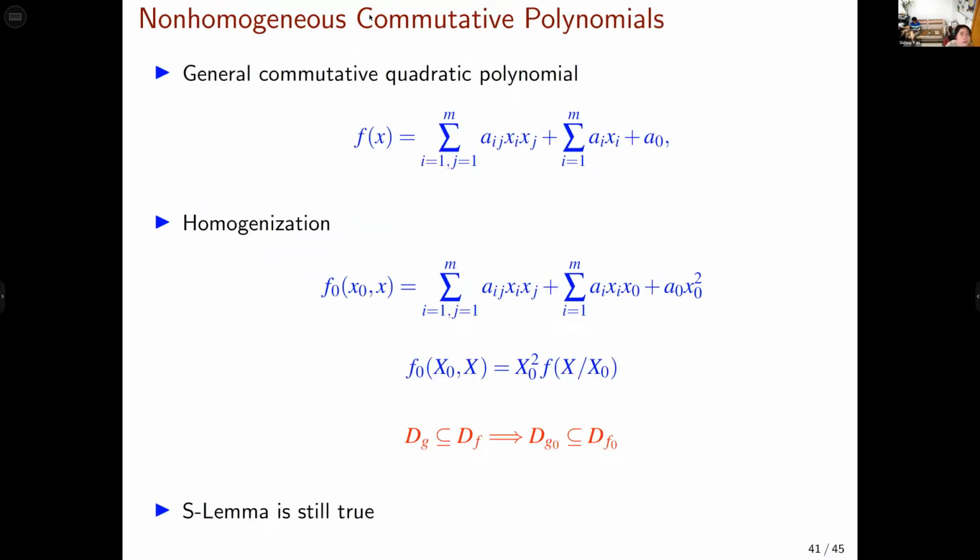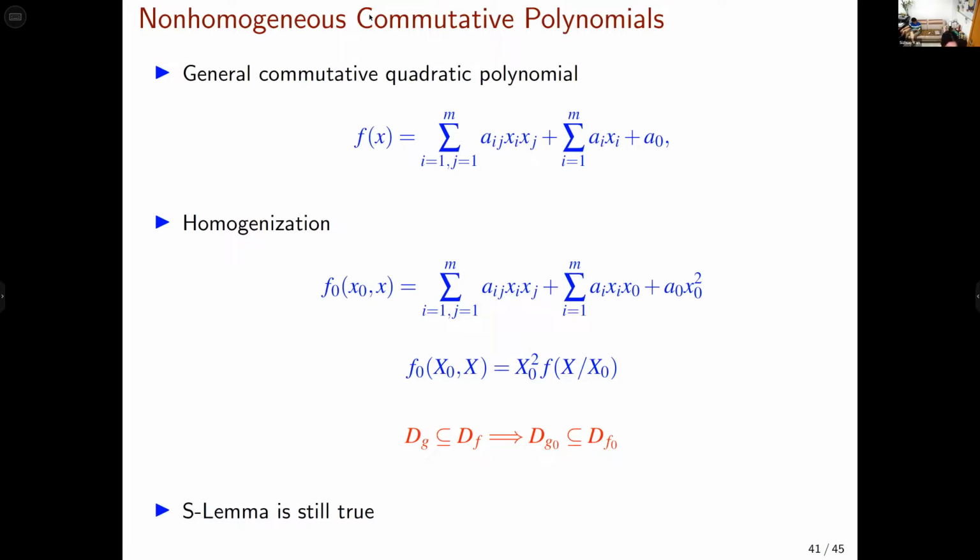Then lastly, we try to extend the S-Lemma in the homogeneous case to the non-homogeneous case. So for the commutative polynomials, take a general commutative quadratic polynomial F, and we have its homogenization F0.